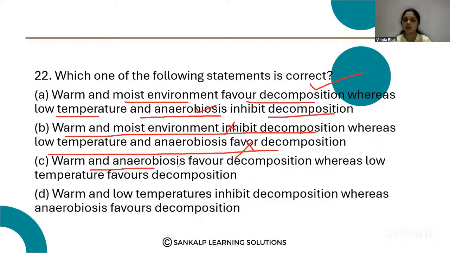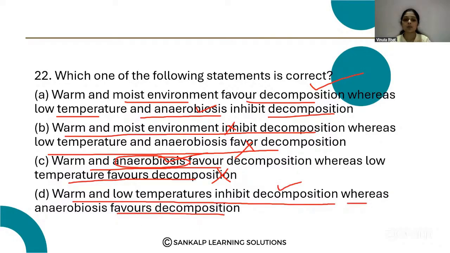Warm and anaerobiosis favor? No. Anaerobiosis does not favor the decomposition, and low temperature does not favor it either, so that is the wrong one. Option D: Warm and low temperature inhibit the decomposition, whereas anaerobiosis favors the decomposition.